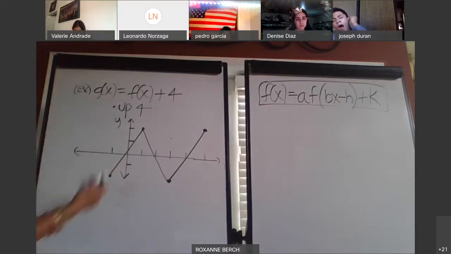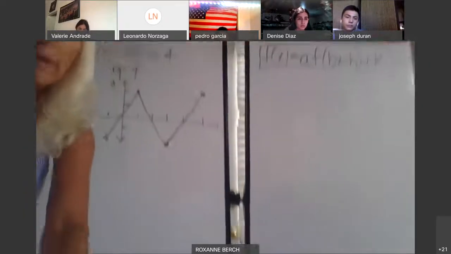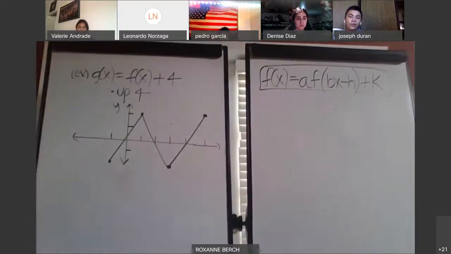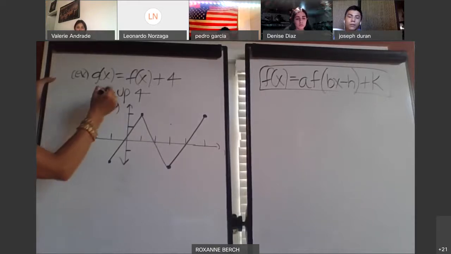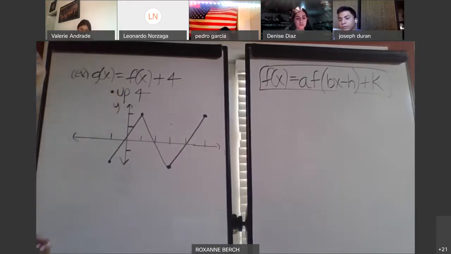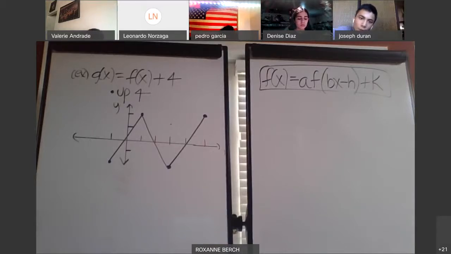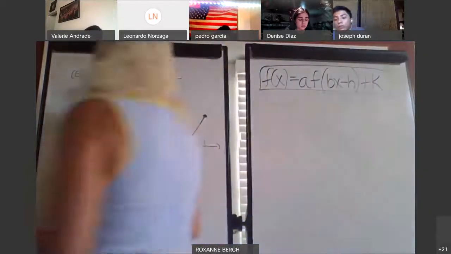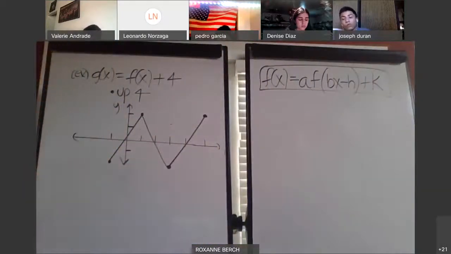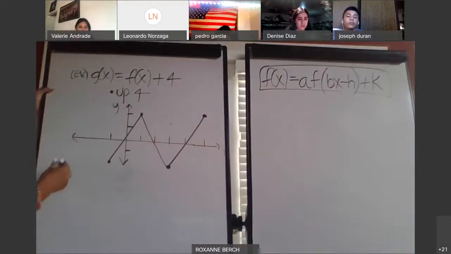So what points do you think I can use for this function? Could you just use any points on the graph? So give me some points you see on the graph.